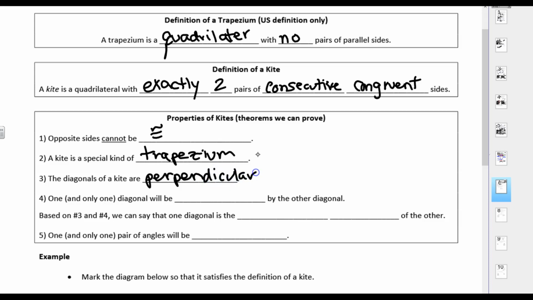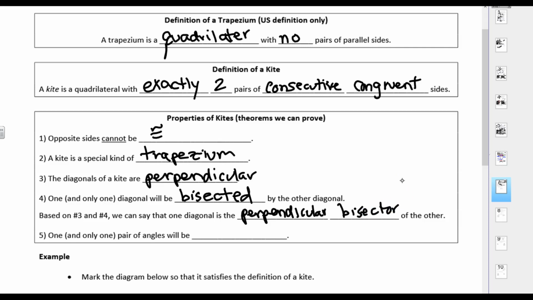Perpendicular. And one and only one diagonal will be bisected by the other. And based on 3 and 4, we can say that one diagonal is the perpendicular bisector of the other.